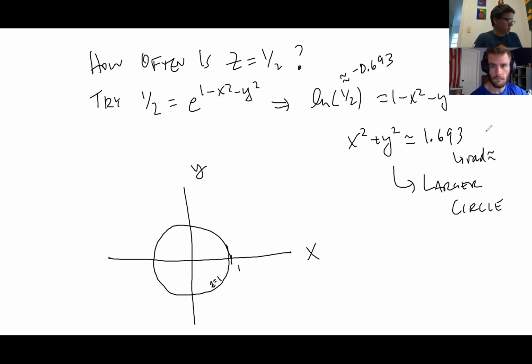The radius is approximately the square root of 1.693. The radius is approximately 1.3. And so you go to 1.3, go to 1.3, and you draw that circle.